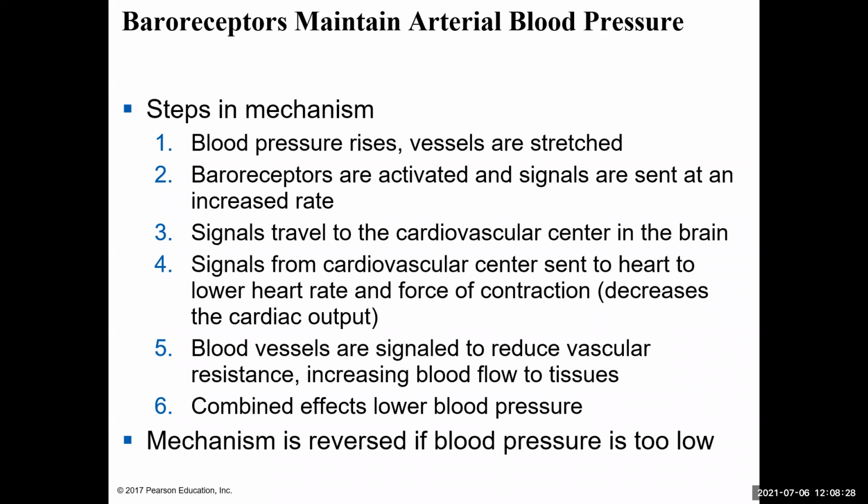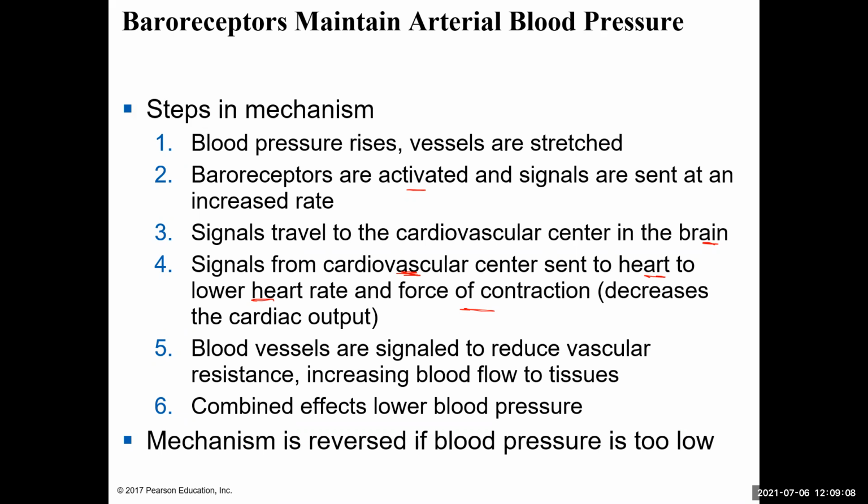So let's say, for example, blood pressure rises. The aorta vessels are stretched. The baroreceptors detect that and are activated, and send a signal saying, okay, we have a higher pressure. Our brain detects that, and then it tells the cardiovascular center that's controlling the heart to lower the heart rate and lower the force of heart contractions to help lower that blood pressure.